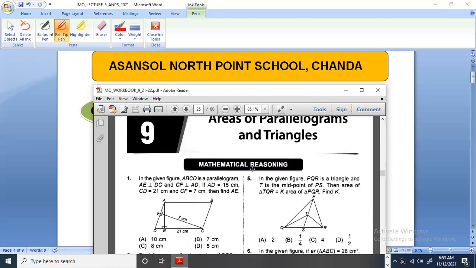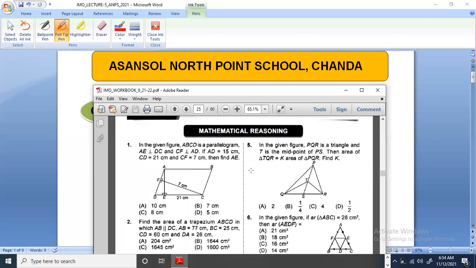First question is, this is the given figure. We have to find AE. Okay. So actually this is very easy.